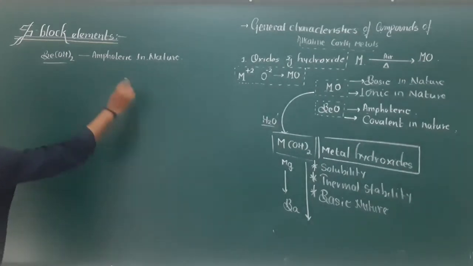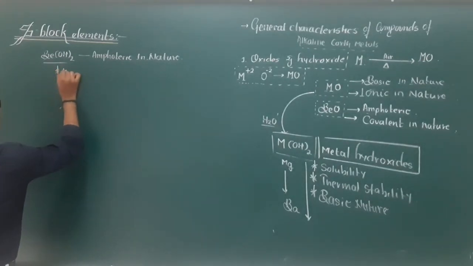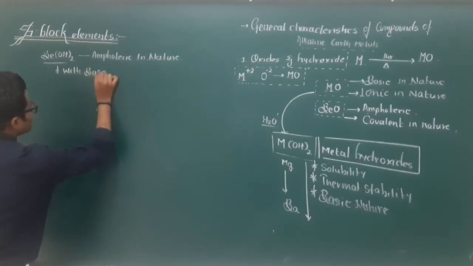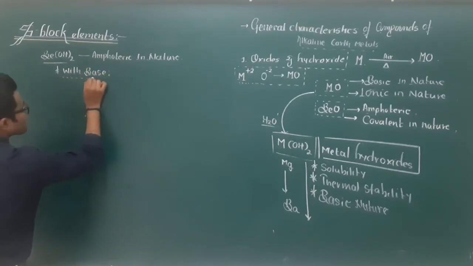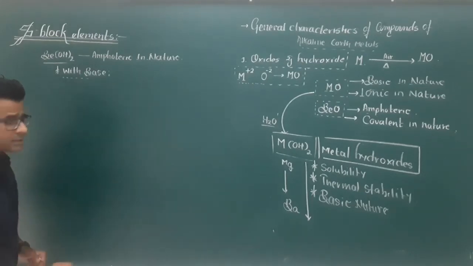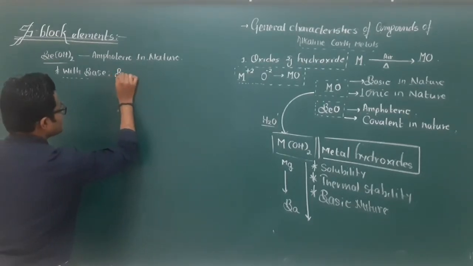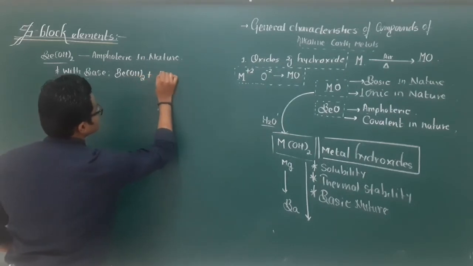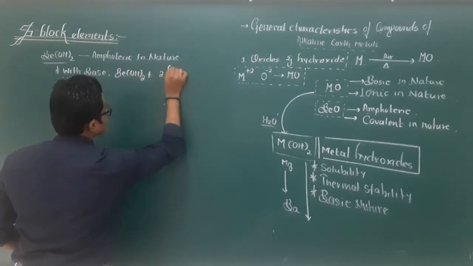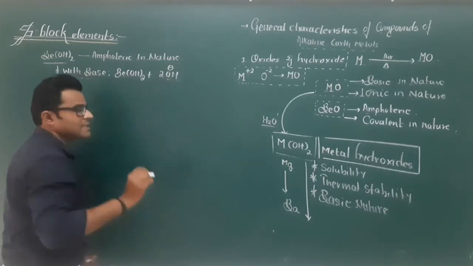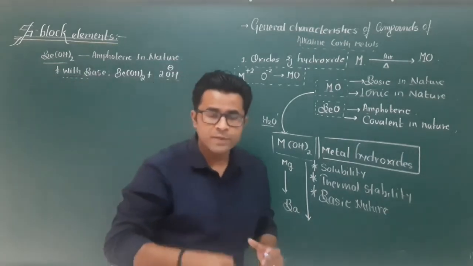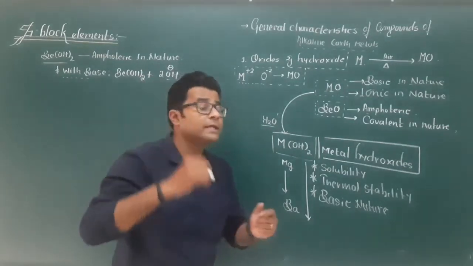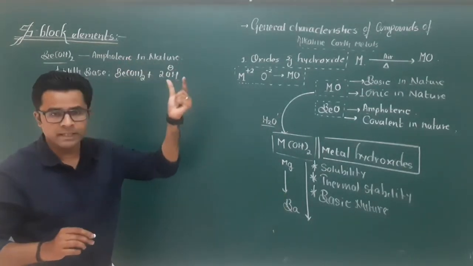First, we'll observe its reaction with a base. When beryllium hydroxide reacts with a base, Be(OH)2 plus 2 OH minus. Now, OH minus is nothing more than a hydroxyl group which is donated by a base. A base is a substance which can donate OH minus.